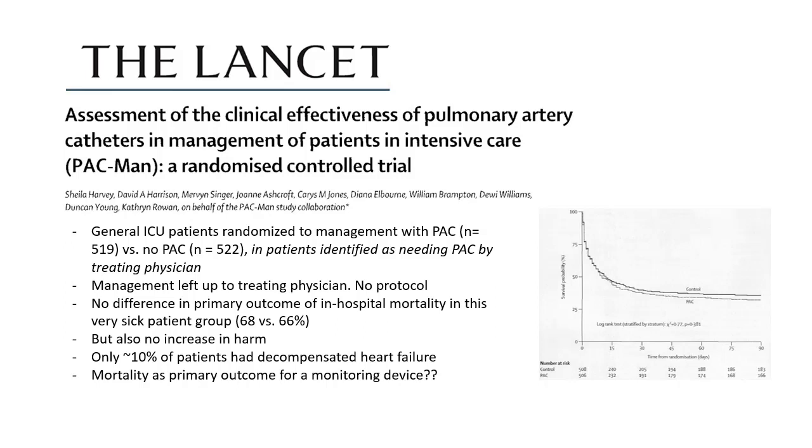At that point, the patient was randomized to getting a PA catheter or not. There was no protocol after that, so whether they got a PA catheter or not didn't determine what kind of treatment the patient would get. The physician just used the data or not in order to treat the patient, and they were allowed to use non-invasive monitoring techniques as well.